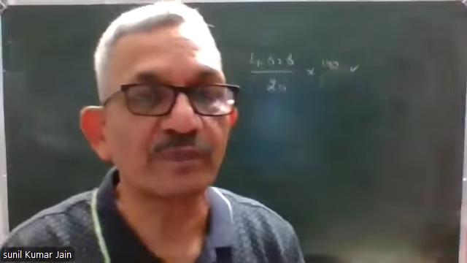Now, atomic weights. Iron 56, sulfur 32, oxygen 16. For water, actually water is a compound, so we'll be using molecular weight in place of atomic weight. It will be 18. Next will be atomic ratio. I'm writing directly.